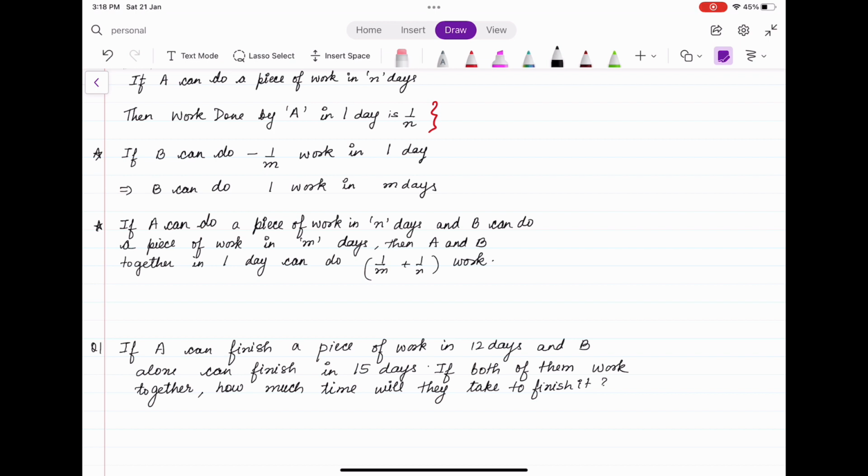Unitary method we'll use that, and for that we'll use these generalizations. Once that's done, we will do the operation as per the question, and then at the end we again use the generalization. If 1/m work एक दिन में हो रहा है तो पूरा वर्क m days में ख़त्म होगा. Let's understand by few questions.